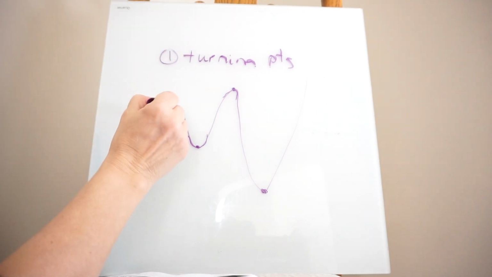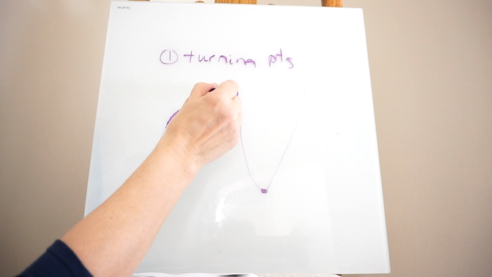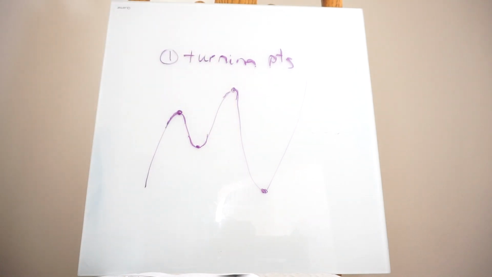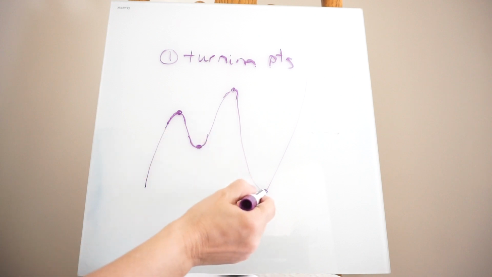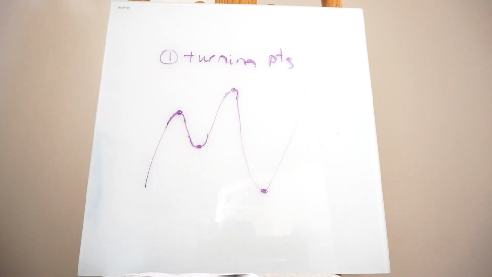These points that are at the peaks, another name for those are local maximum points, and these points at the valleys are also called the local minimum points. We're going to use the turning point theorem to tell us how many turning points there would be in the function. The turning point theorem tells us that a polynomial function has fewer turning points than the degree of the polynomial.